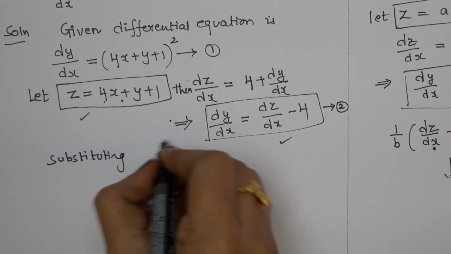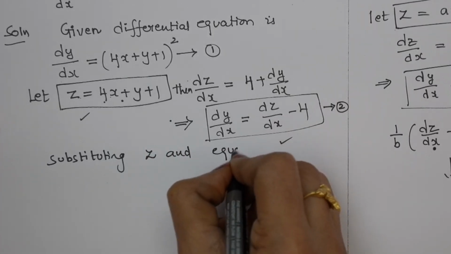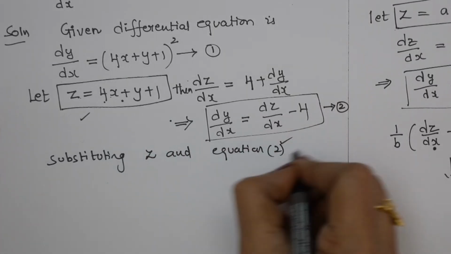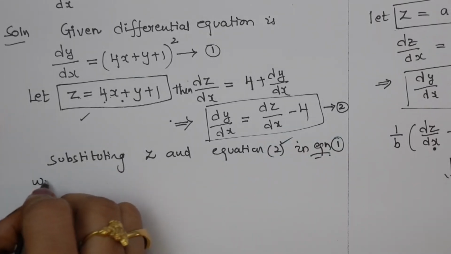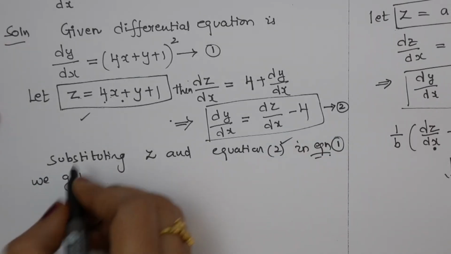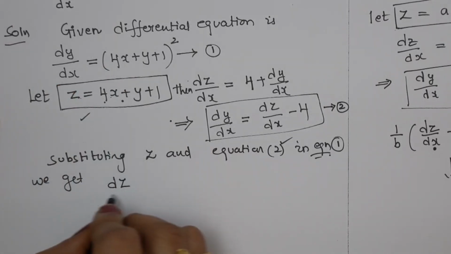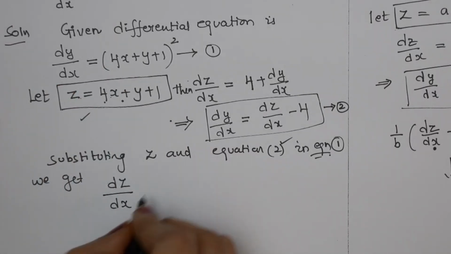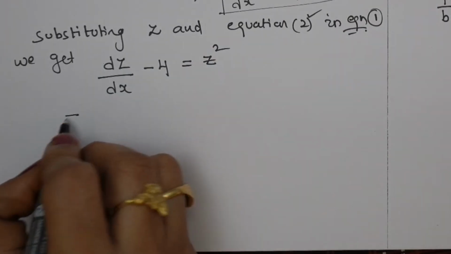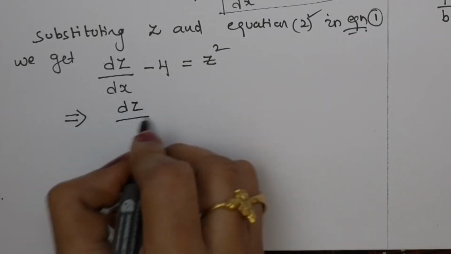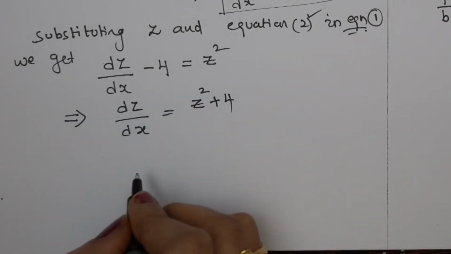Substituting z and equation 2 in equation 1, we get the given equation can be converted into dz by dx minus 4 is equal to z square. So this can be further simplified into dz by dx is equal to z square plus 4.